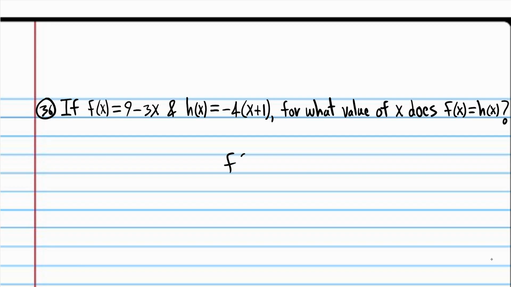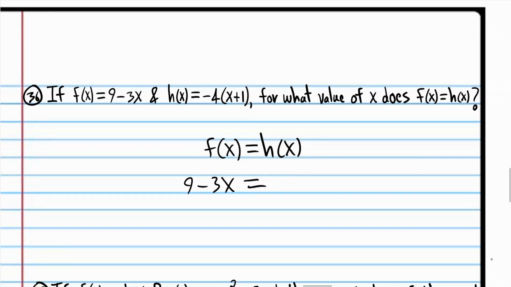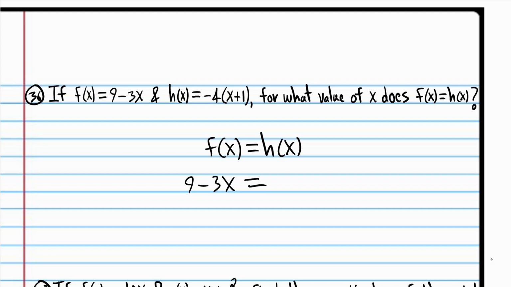Okay, we're back. So we want f of x to be equal to h of x. Now f of x is equal to 9 minus 3x. And h of x is negative 4 times x plus 1.